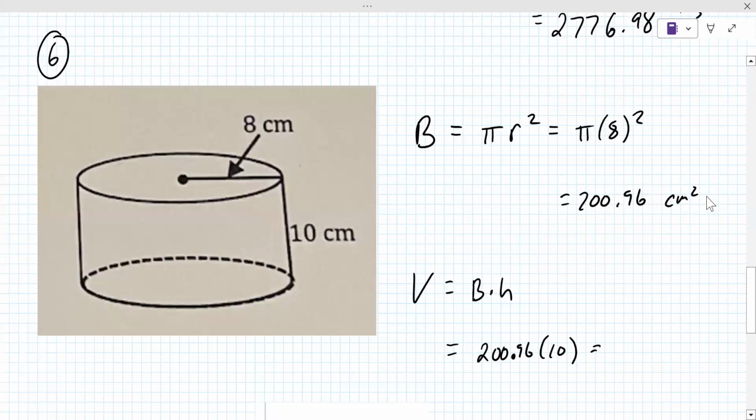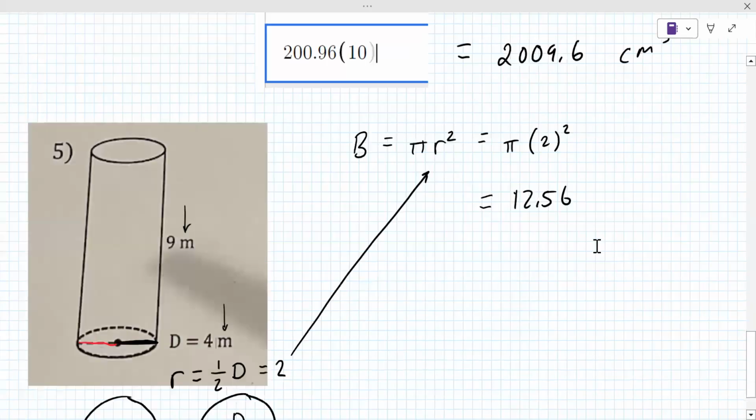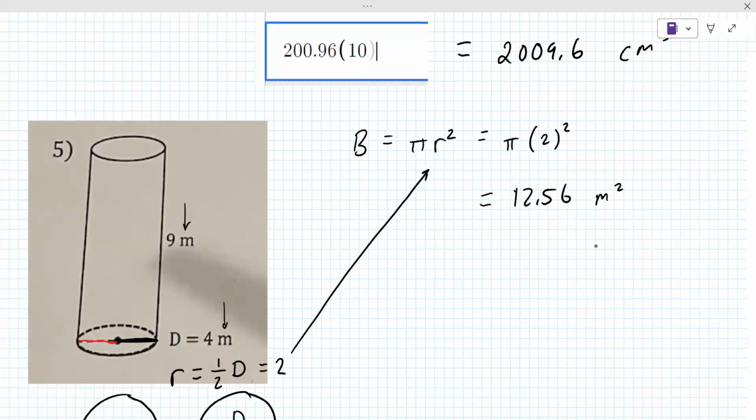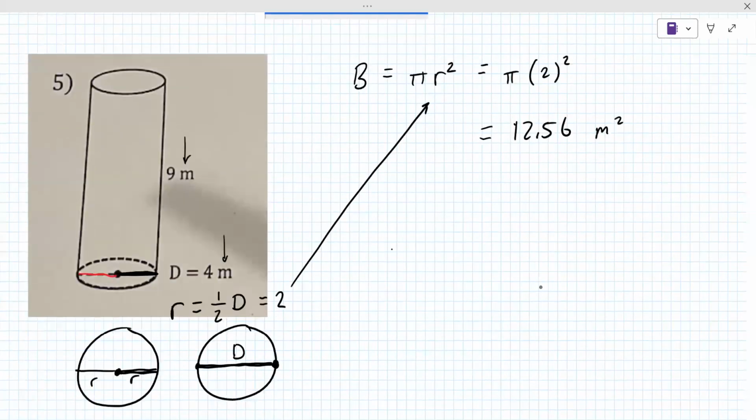Let's go back and look at the previous problem. What were the units in the previous problem here, Sourish? Centimeter square, so it's meter square. Yes, it's meters squared. Now, how do you calculate the volume from the base? Base times height. Can you tell me what 12.56 times 9 is?